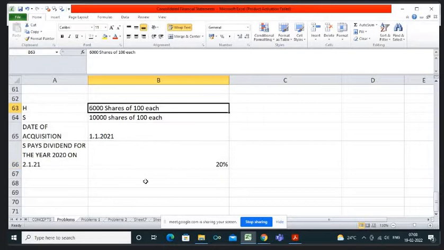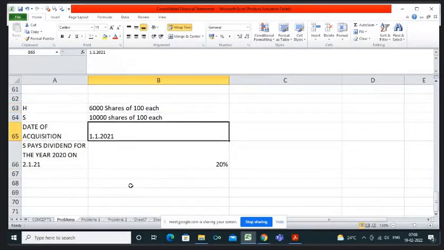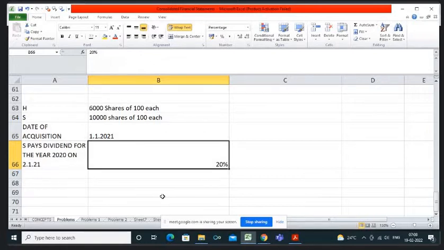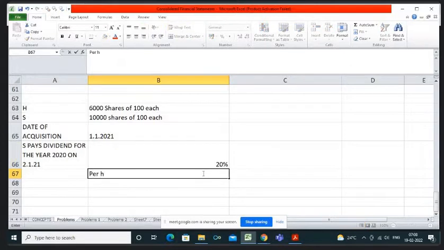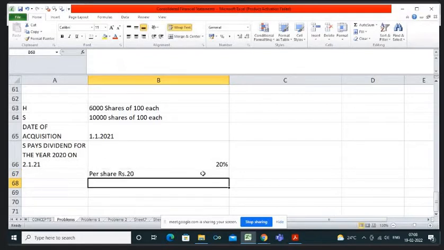So H Limited purchases 6,000 shares of 100 each in S Limited on 1/1/2021 and S pays a dividend for the year 2020 at 20%. So per share, how much will we get? Per share, we will get rupees 20. So how much total dividend will H Limited get?